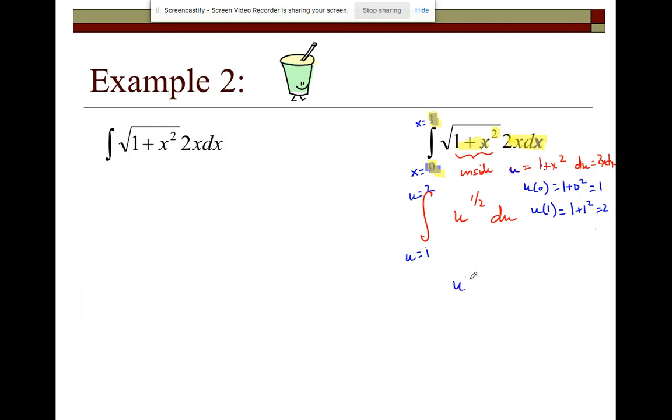Now I get the same thing as before: power up, divide by the power up, which is really multiply by the reciprocal. I don't need a plus c. I have a 1 and a 2.